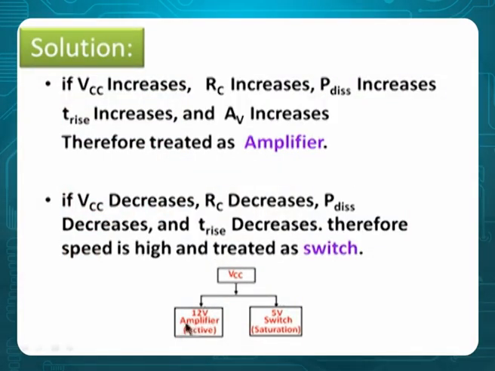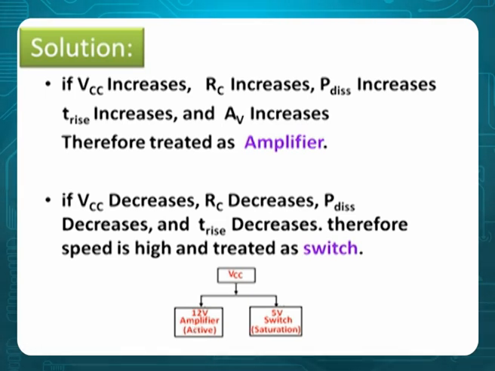Therefore, whenever supply increases, resistance has to increase, because voltage ratings will never change. That's why finally, large supply for amplifier, less supply for switch. That's why most of the time we say switch means 5 volts, amplifier means 12 volts.